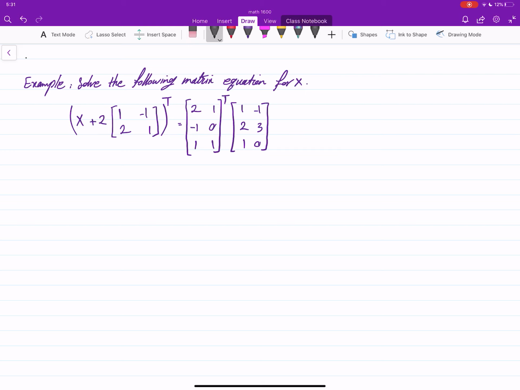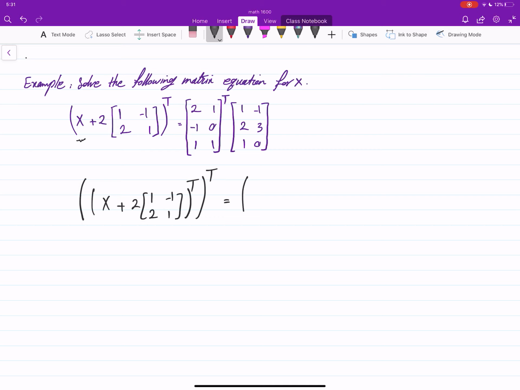To isolate x, we have to get rid of that transpose. You can do several things, but one thing I like to do is apply transpose another time, because the transpose of the transpose is the original matrix.